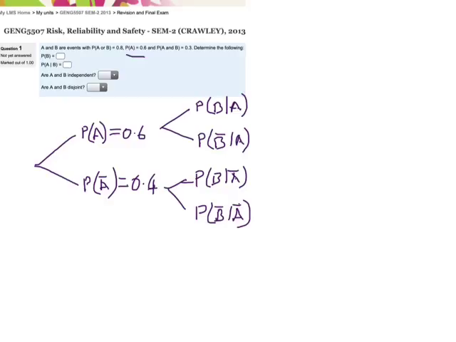So I'm going to start with this one here, because we've got some information that the probability of A and B is 0.3, and there's only one of these branches that's probability of A and B, and that's that one there.